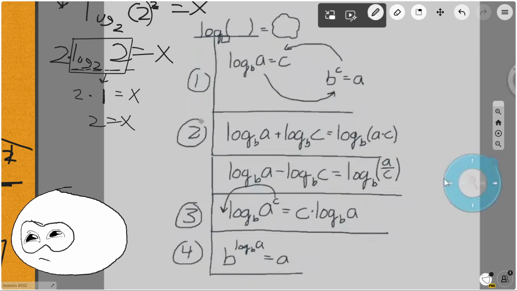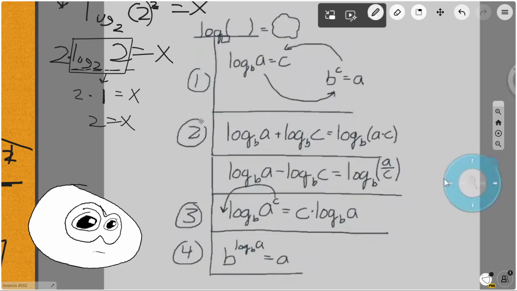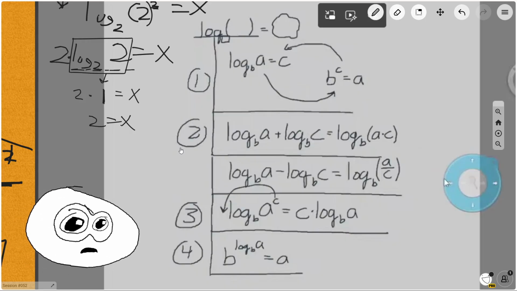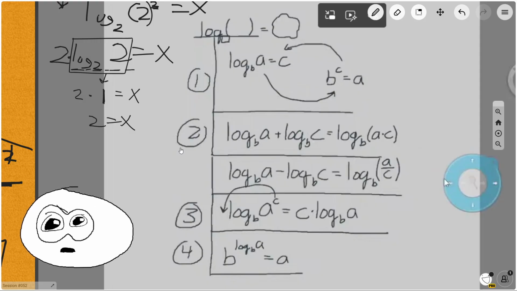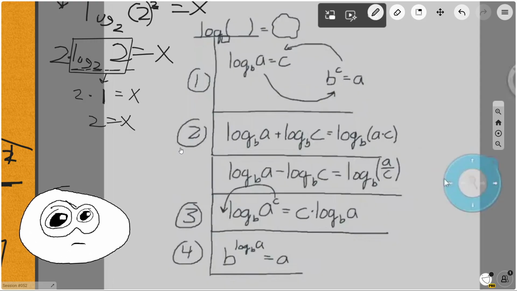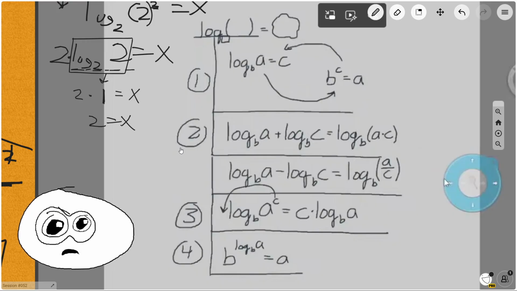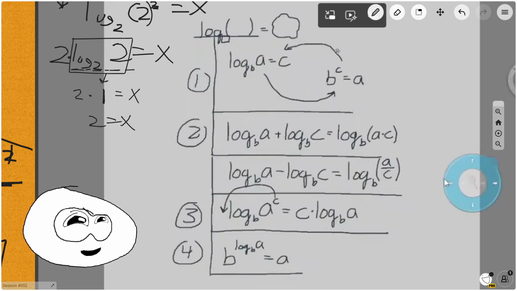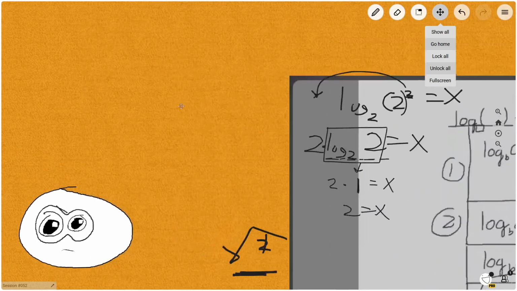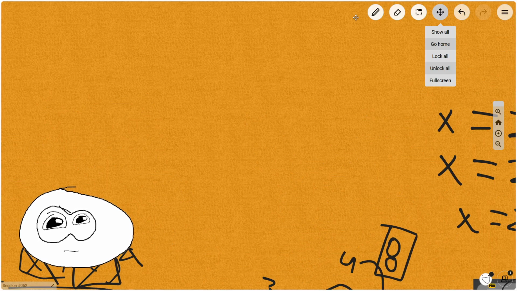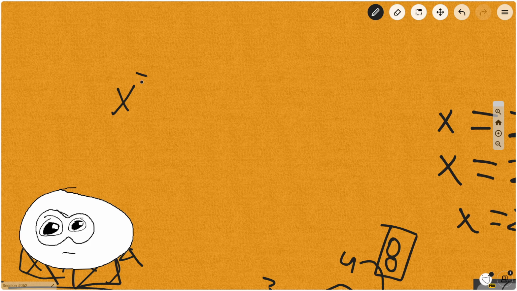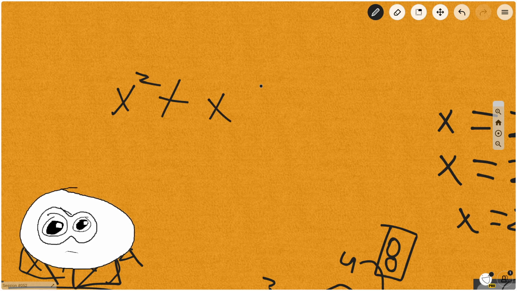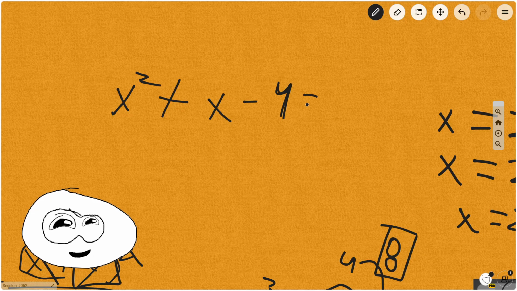Oh, I forgot to go over the quadratic formula. Okay, well, something that might happen later on, and I might have to go backwards to cover this, is maybe the quadratic formula. Because sometimes at this level of math, you might get some weirdness, where you would have an equation like, oh, I don't know, x squared plus x minus 4 equals 0.